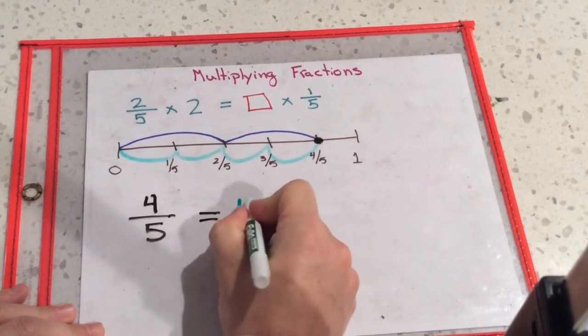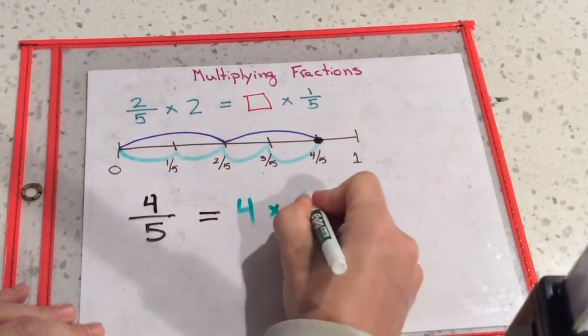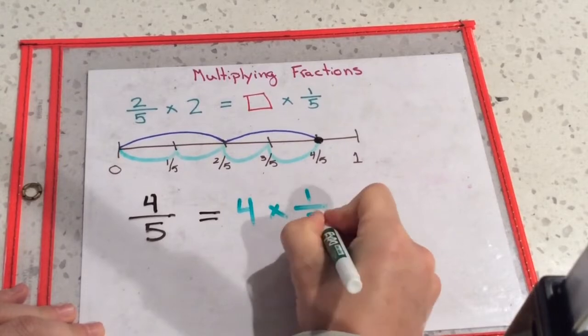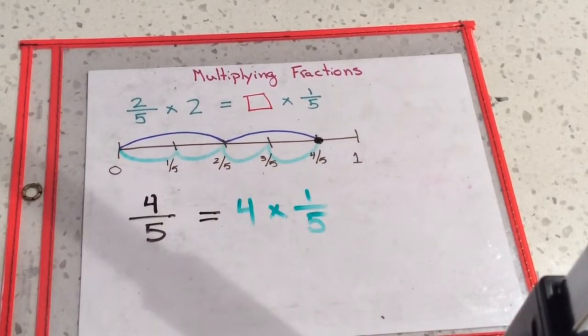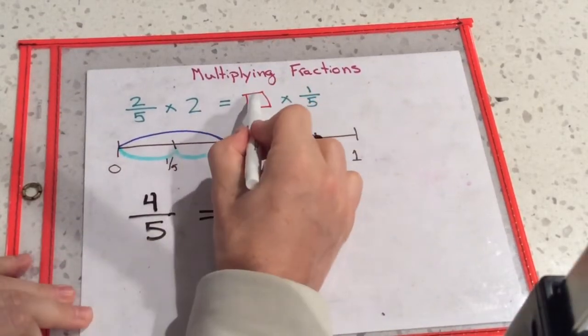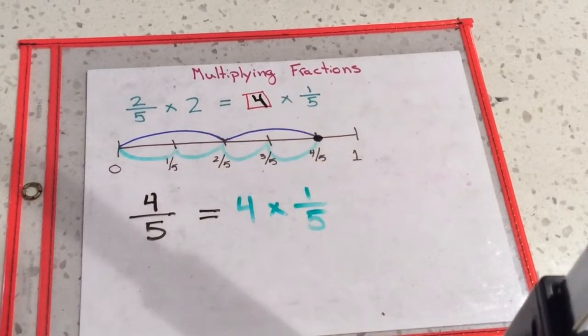So I had 4 jumps, and each jump was the size of 1/5. So I know that 4 must go in this box. Again, I'm showing that I have the same value on the left side and the right side of the equal sign.